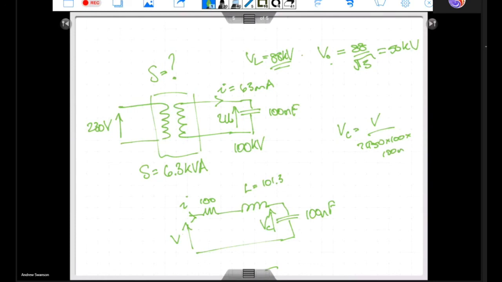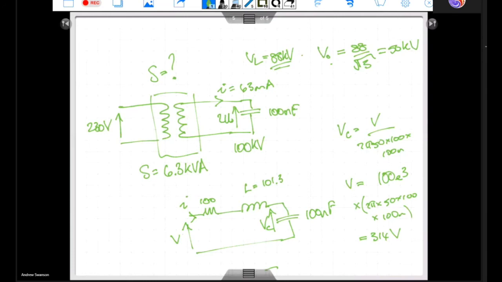I'm going to swap the voltages around so that I can determine my input voltage to get 100 kV across. I get a value of 314 volts.